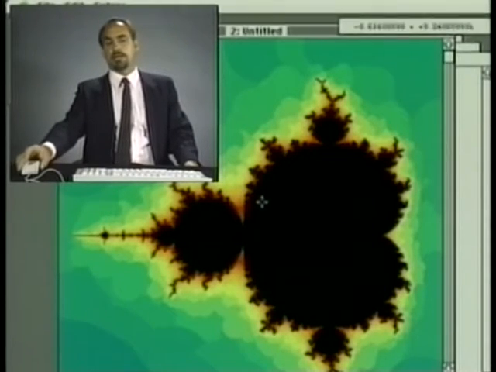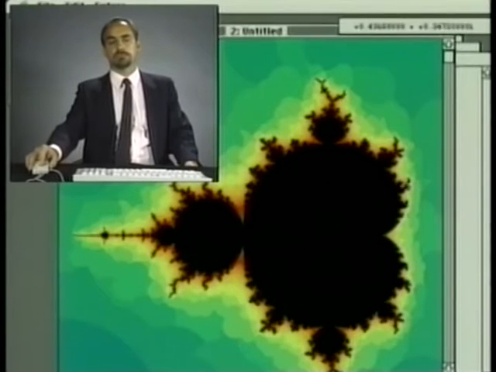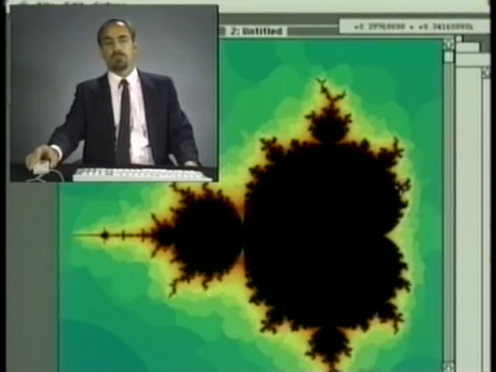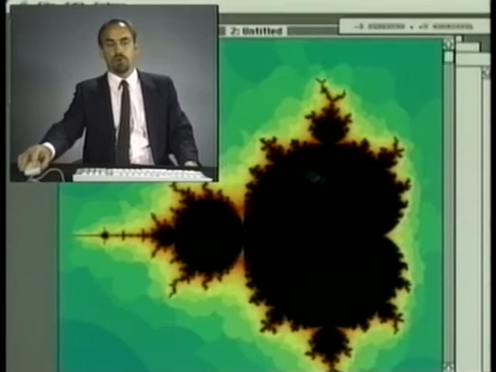Indeed, let us pick a black point. There is a black point. It is at approximately 0.397 plus 0.341 i. I will draw the Julia set for this value.